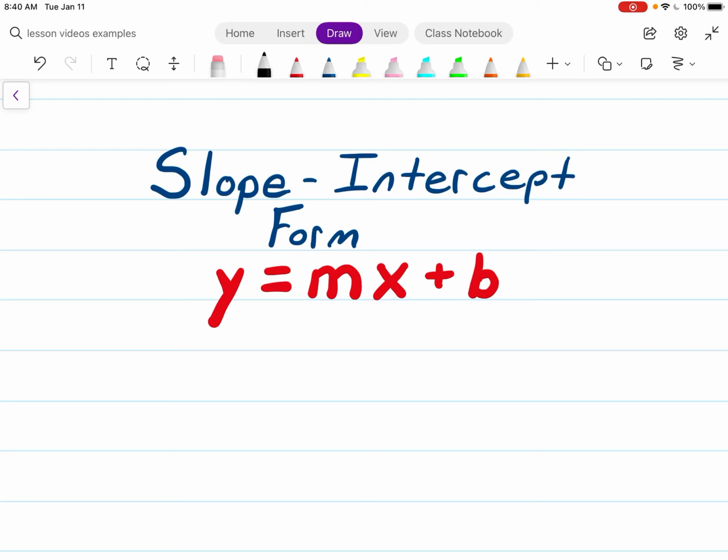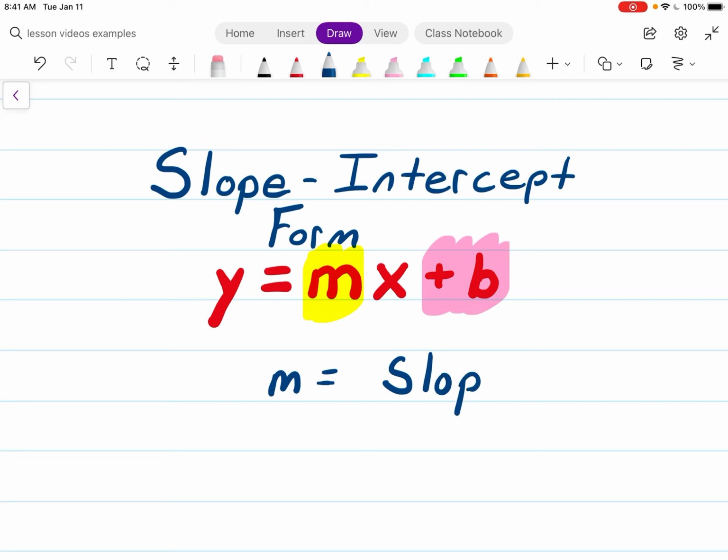represent? So when it comes to dealing with slope-intercept form, the most important letters to deal with are M and B. And of course, when we talk about letters, we're talking about the variables. So the M and the B are what we are going to be focusing on most. The M is the slope of the line.